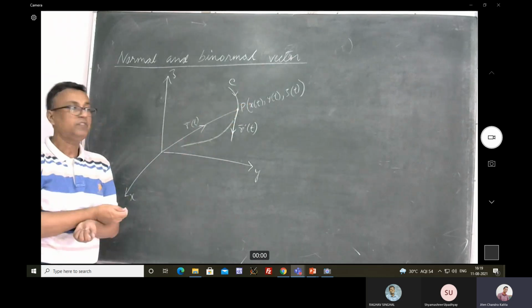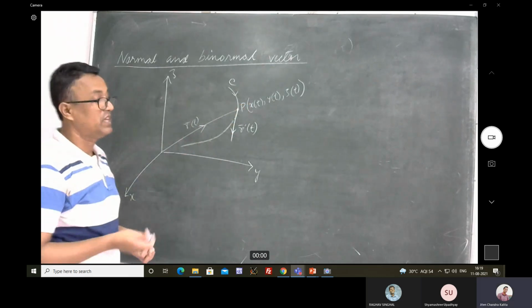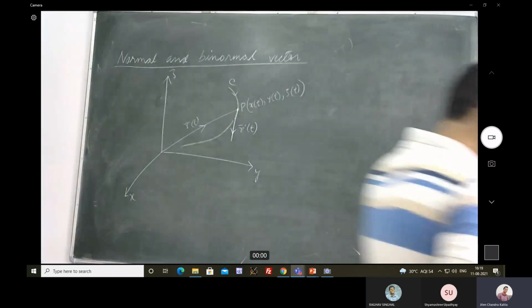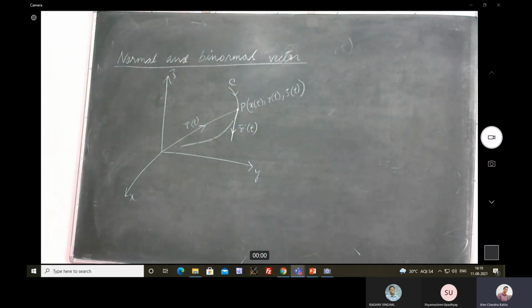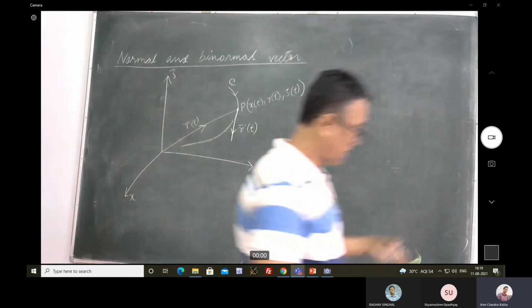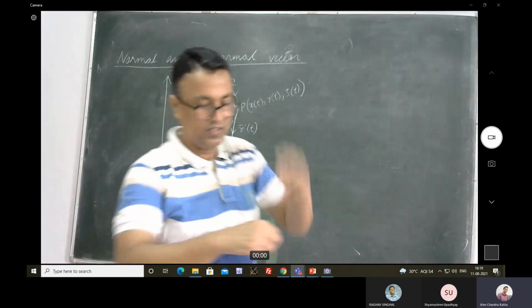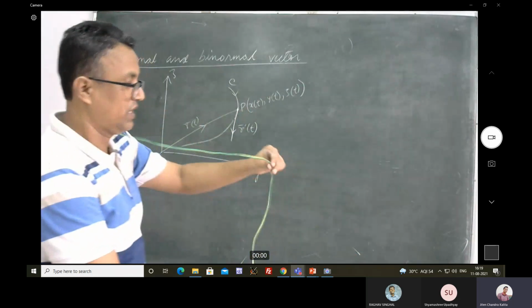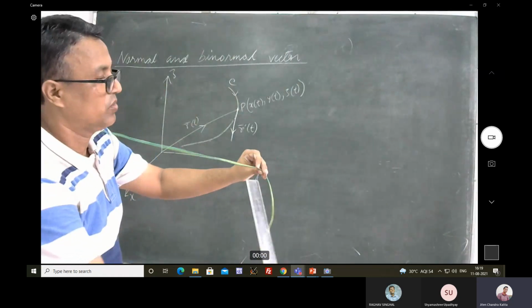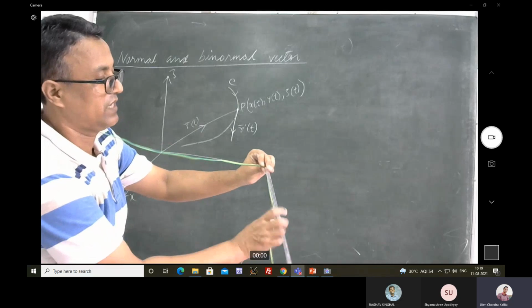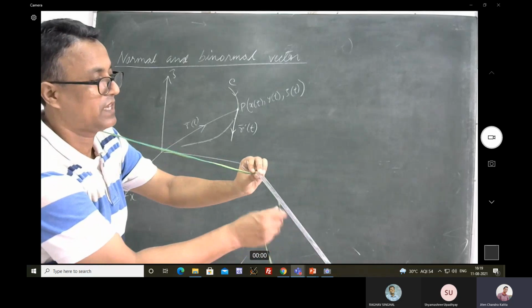Now, see, here we are talking about a 3D curve. It is something like this. Consider this to be the curve. Say at this point I have this tangent, at this point I have this tangent.